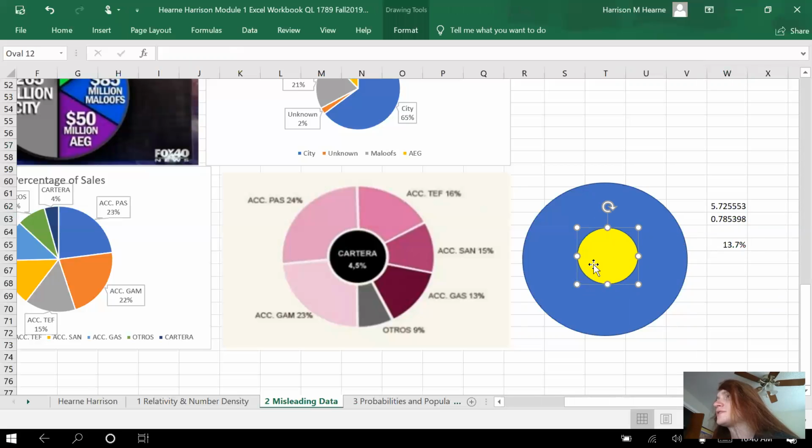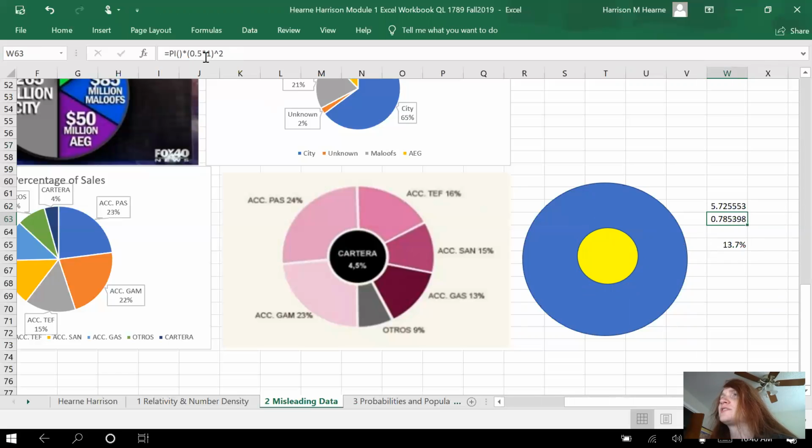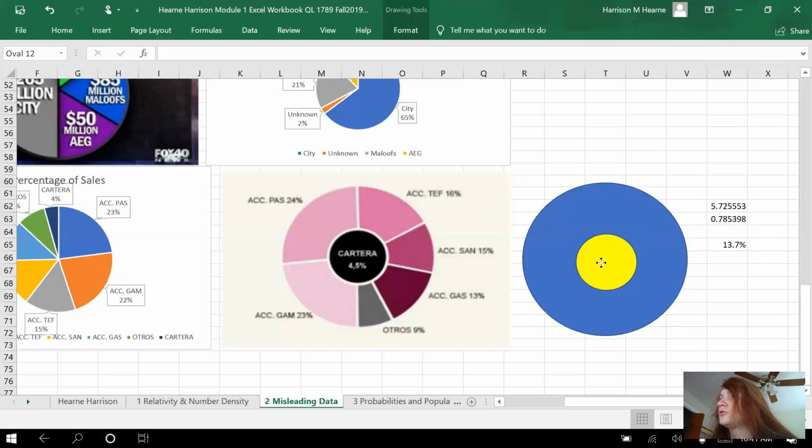We do the same process for this yellow circle. As you can see, the radius of this yellow circle was 1. So we took half of 1, which is a half, and we squared that and we multiplied it by pi, and we got an area of 0.78 units. And then we divided this cell by this cell to find out the percentage of area that this yellow circle is taking up of the blue circle.